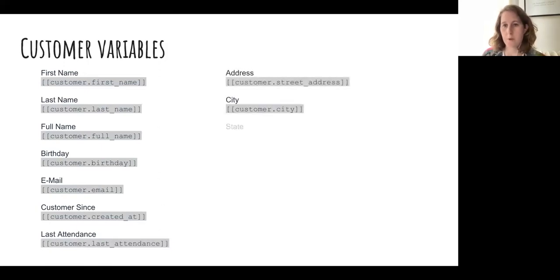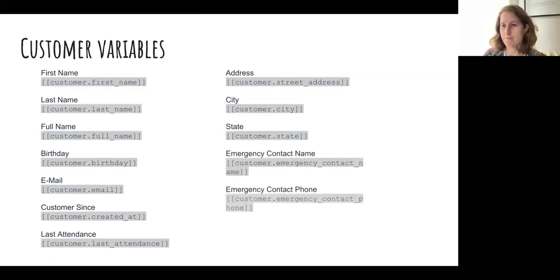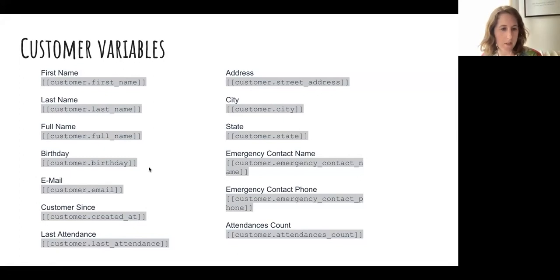So if you're celebrating people's birthdays, if you give them maybe a special pass or some kind of offer or just want to say hi, you can set that up and include their actual birth date in the message. We're going to talk about attendances count in a video example I have coming up, but there's just some details that you could have auto-populate in the email messages that you send out through our templates.